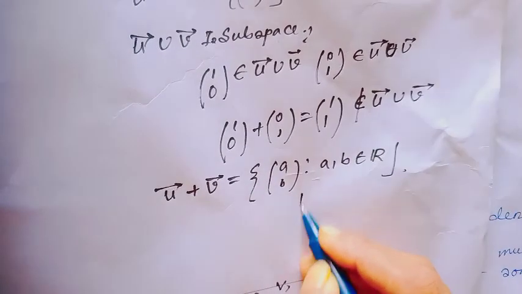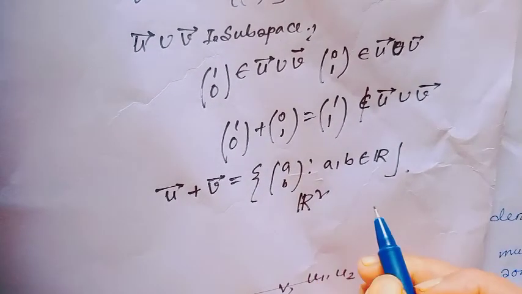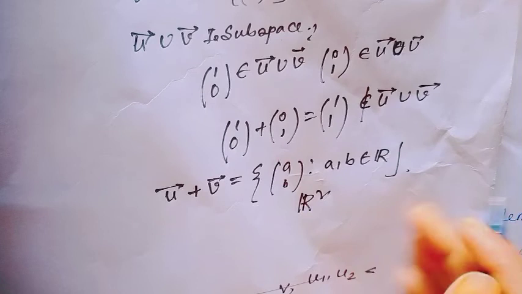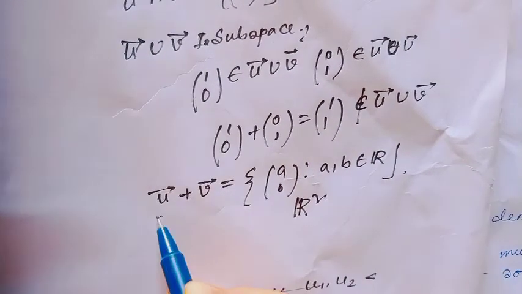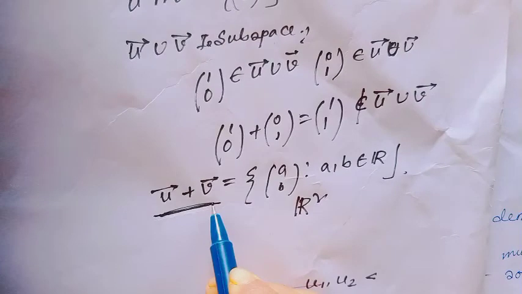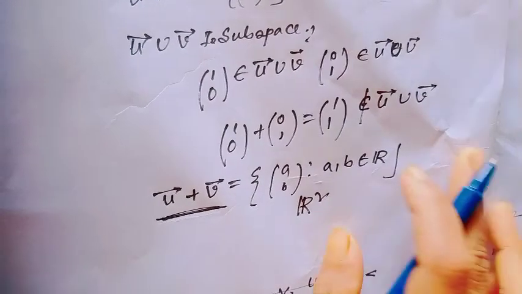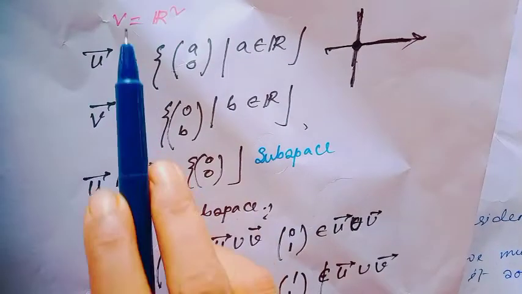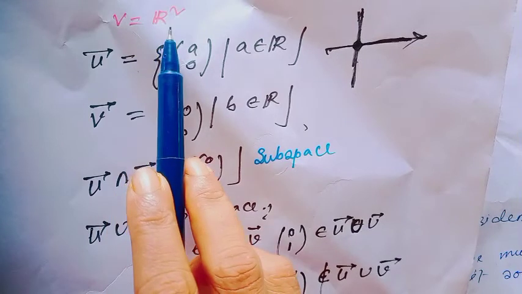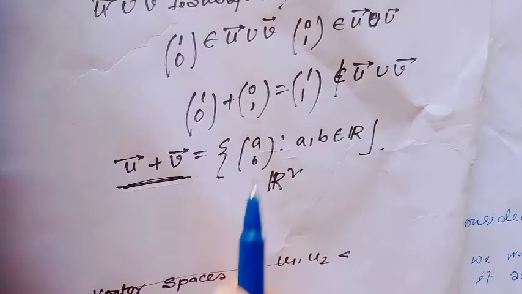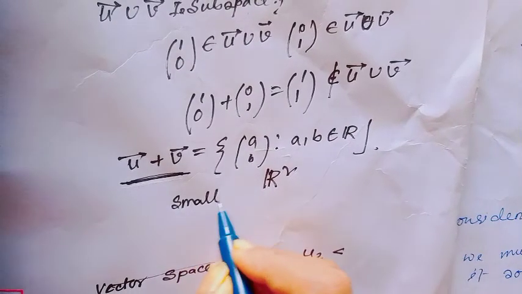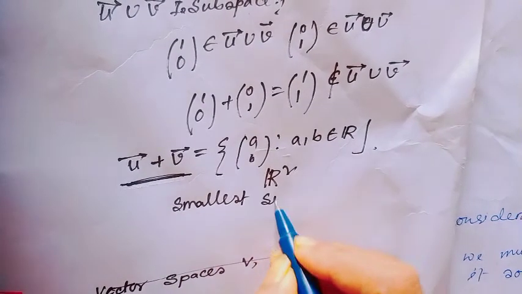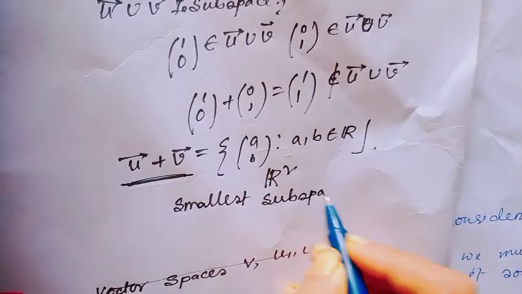And this is actually the whole R2. And obviously, whole R2 is always a subspace. That means U plus V is a subspace of the vector space V equal to R2, and this subspace is the smallest subspace containing both. Are you getting it?